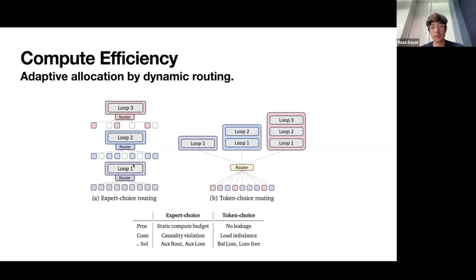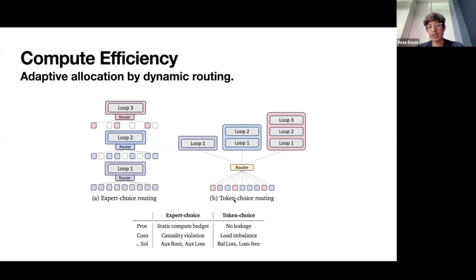We do it progressively. So every token that has been dropped is not going to be used again for computing the scores. We again compute the scores for the remaining ones, find the ones with the highest scores, and then do one more recursion step. So the name comes from this mixture of recursions based on the router scores.